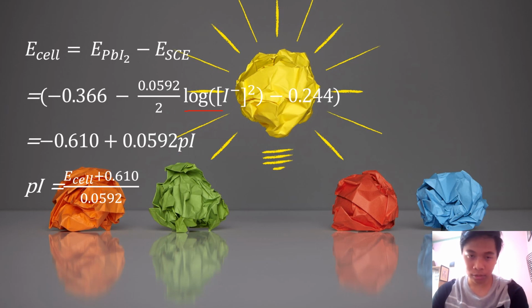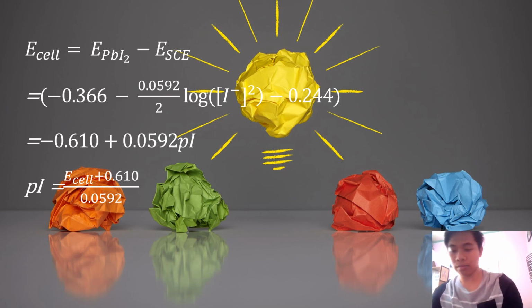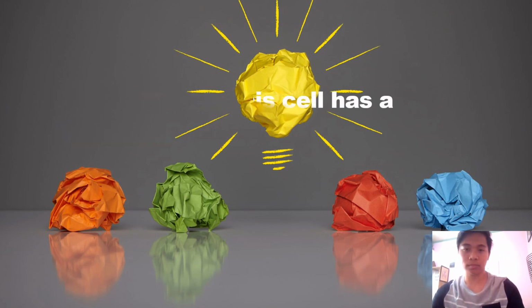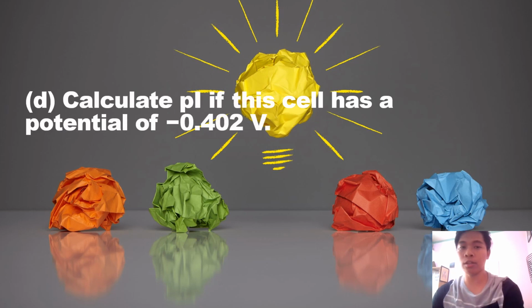Now, we just have to rearrange our equation, so the result for the equation of pI is equal to E cell plus 0.610 over 0.0592. Now, moving on to the last equation. In the last equation, calculate pI if this cell has a potential of negative 0.402 volts.